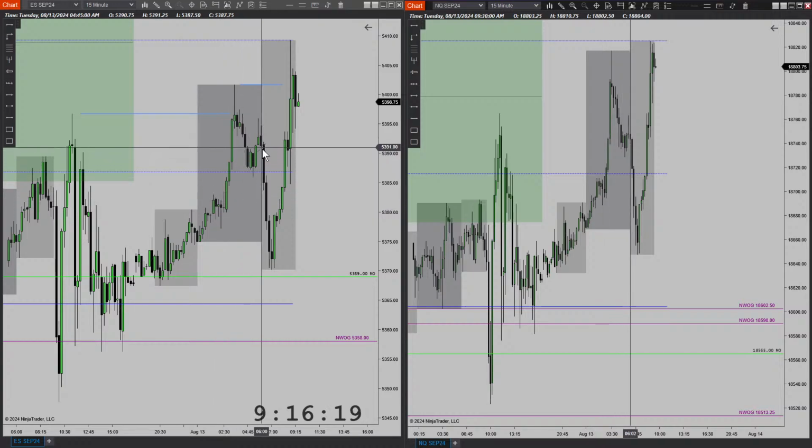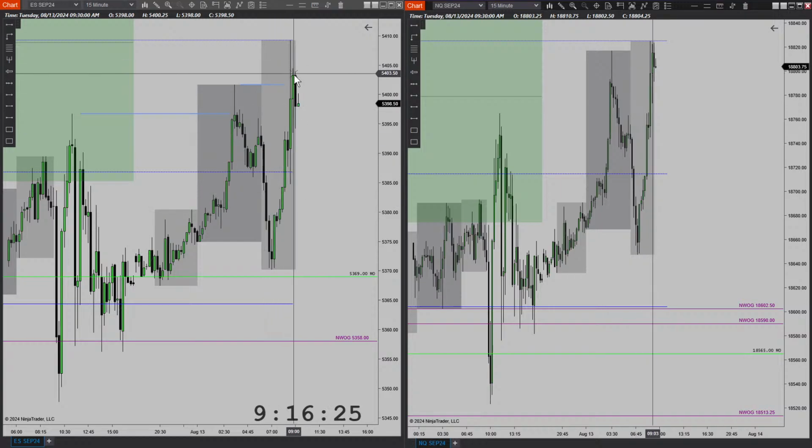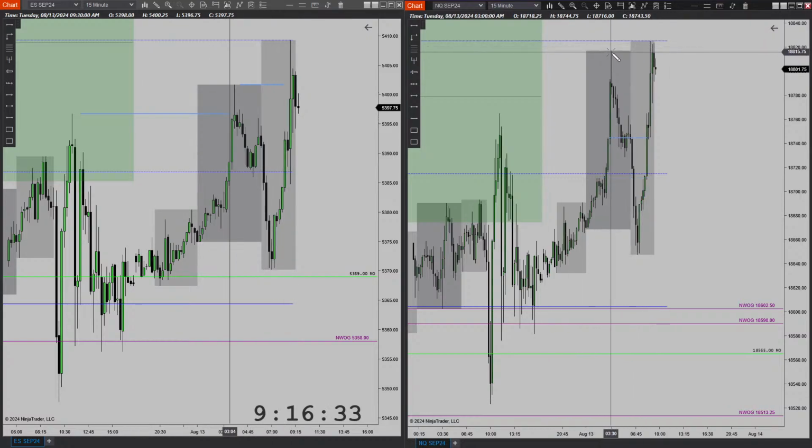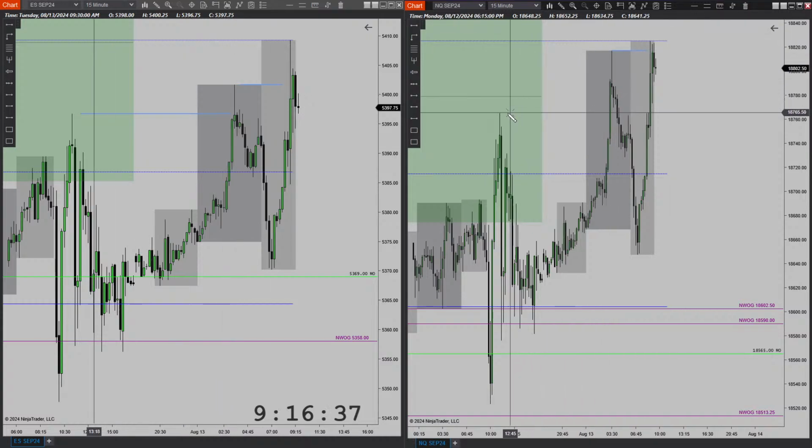Same thing here. We've been respecting these bearish PD arrays, and then obviously price drew higher and has been closing higher here. Same thing here. Drew higher, swept buy side liquidity.